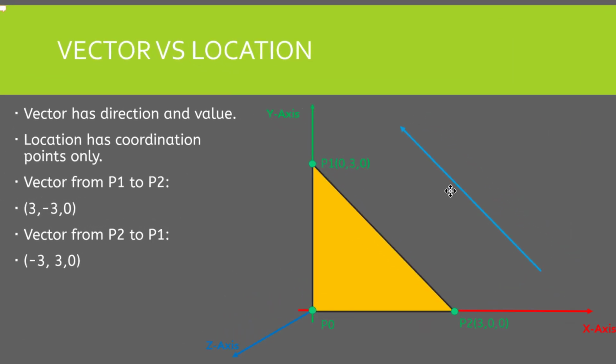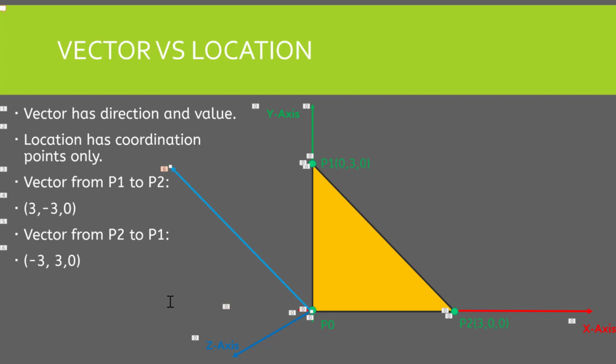You can see here, if we say this is the vector from B2 to B1, I can use the vector from here, so it can show me direction and value from here. This is the vector. I can even use it from here. This is the vector. I'm going now from B2 to B1, so this will become minus 3, 3, 0.